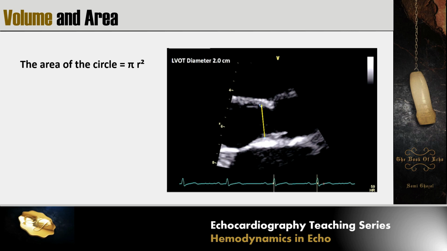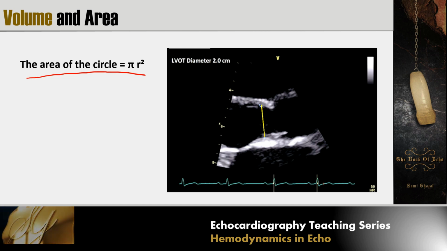Now going to area calculation, the single most important equation in area calculation is the area of the circle, which is pi r square, and the r here is the radius. So let's assume we are calculating the area of the LVOT. We got a diameter of 2, so the radius is 1.